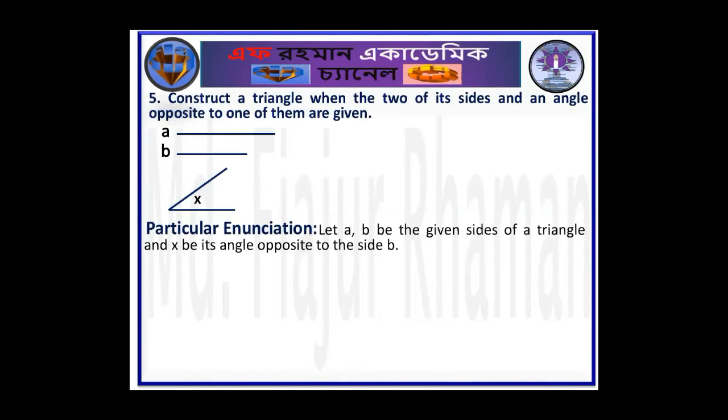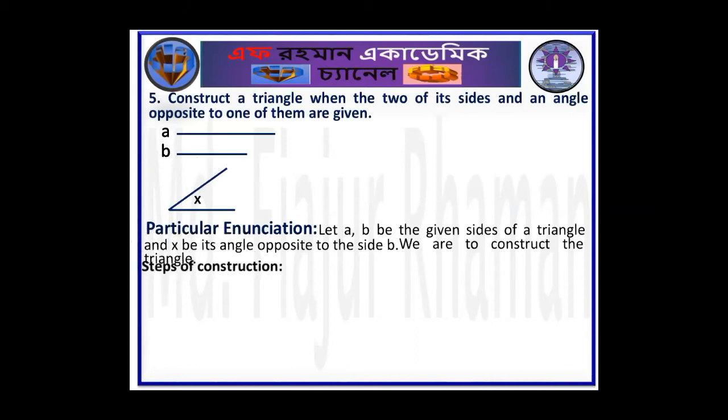Let A, B be the given sides of a triangle and X be its angle opposite to the side B. It is mentionable that we may consider the side A also instead of B here. However, then we have to construct the triangle.